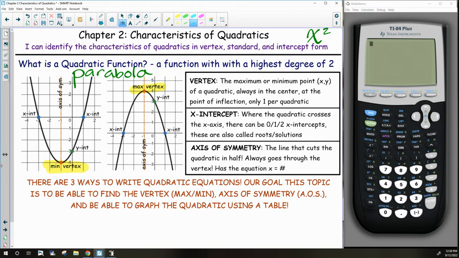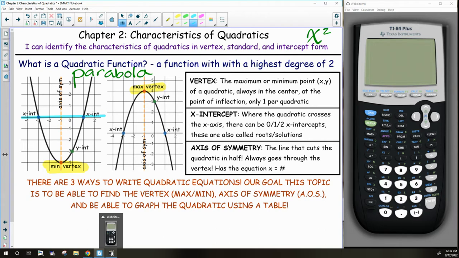So if I highlight the x-axis right here, our x-intercepts are wherever our quadratic run into that x-axis. So we have one here, second one here, one here, second one here. Now, it is possible that you have none, you could have only one, or you can have 2.